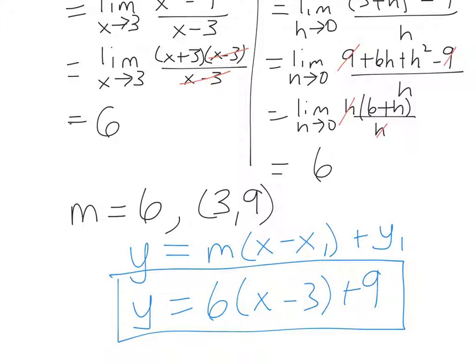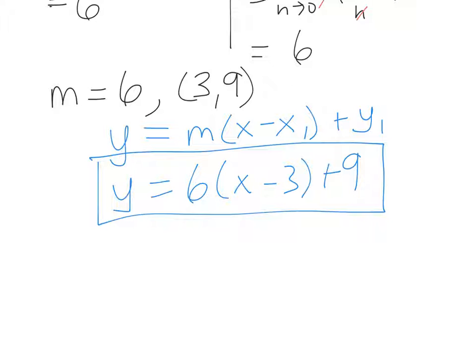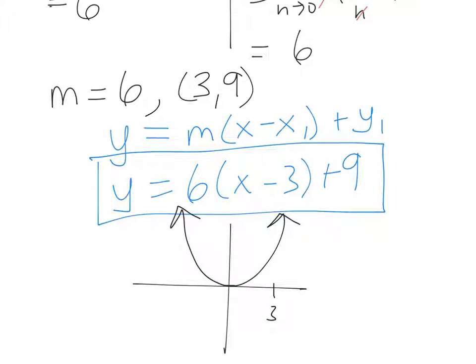Okay, so that equation, just to be clear about what we have actually found here, because I'm sure there's people who don't know or aren't sure. What we've actually found is if I graph y equals x squared, okay, it looks like this, right? Okay, and let's say this is 3.